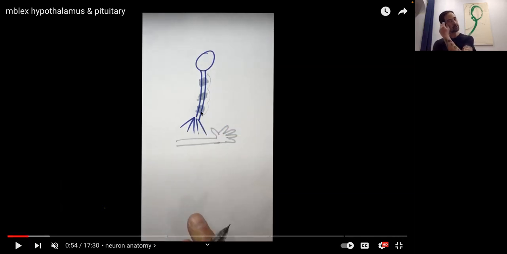myelin sheath. So this is a crude drawing of a Schwann cell that's wrapping around the axon, and it doesn't wrap continuously. It wraps in spots, at regular intervals. And the job is to insulate, and an insulator prevents the movement of electricity, the movement of heat. Prevents it from leaking out.